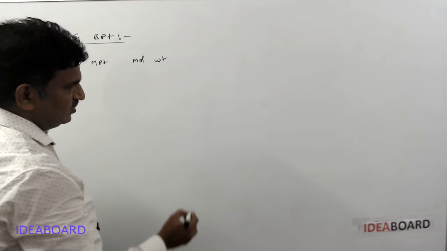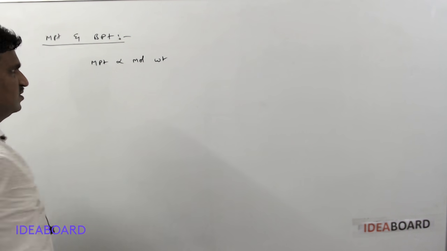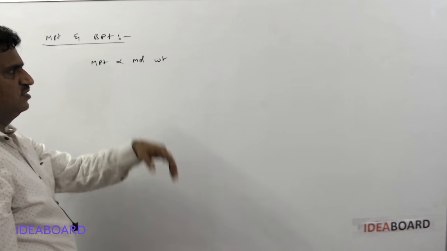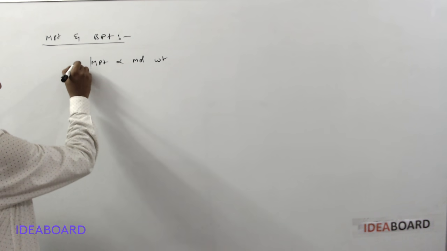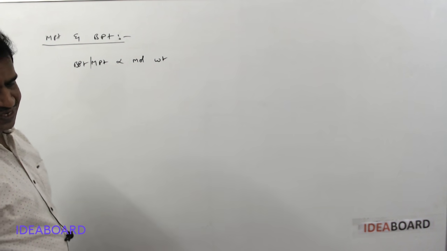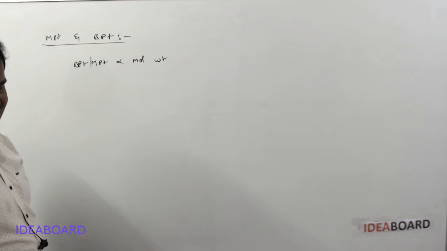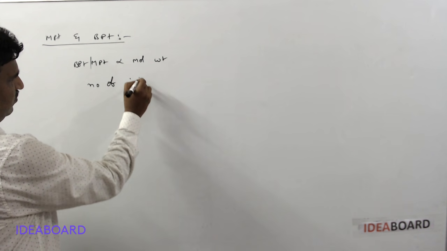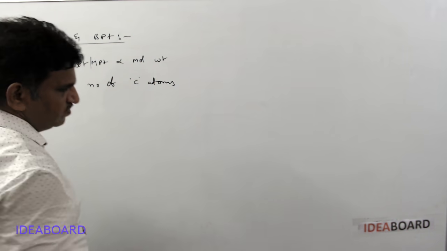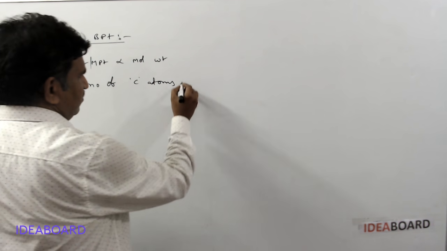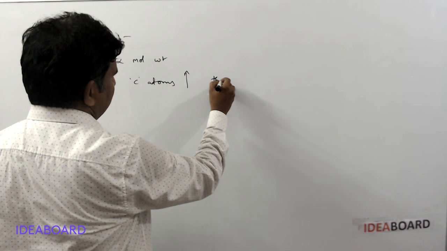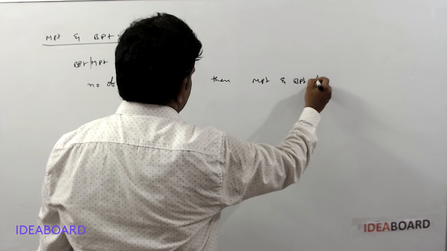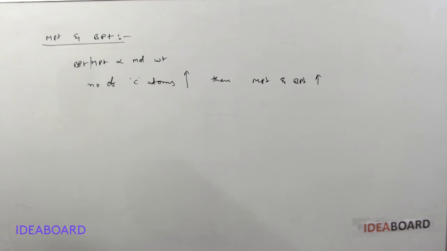Whenever molecular weight increases, the melting points and boiling points increase. When the number of carbon atoms increases, meaning the parent chain is longer, the melting points and boiling points increase.